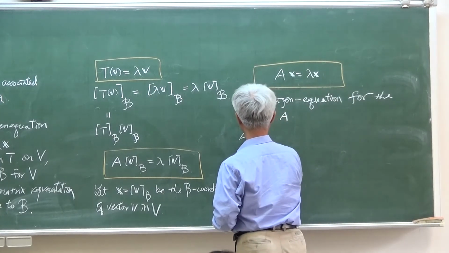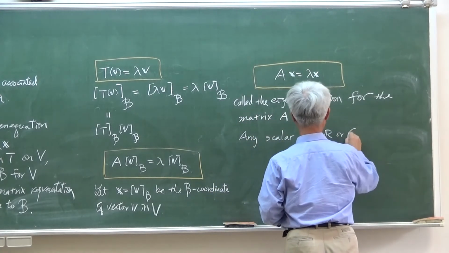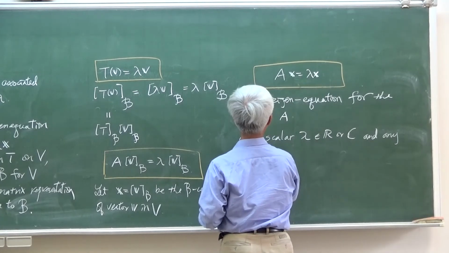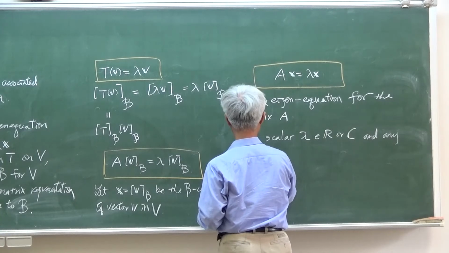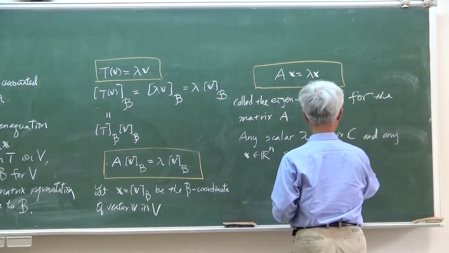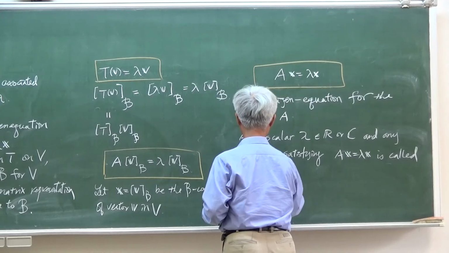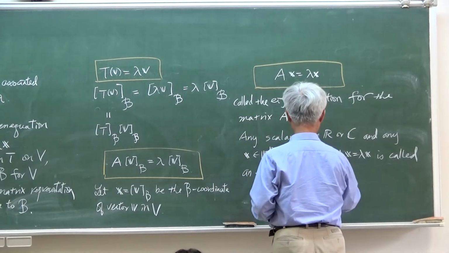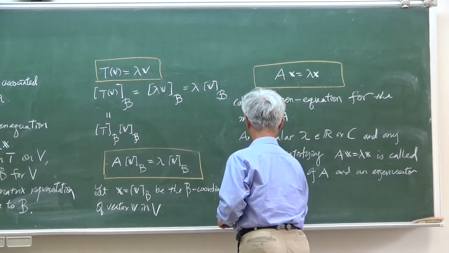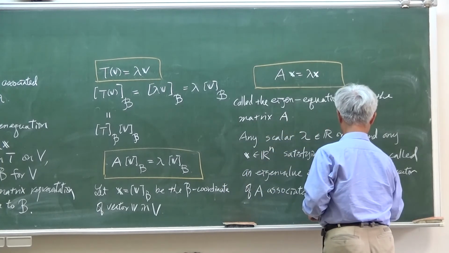For any scalar λ and any nonzero x satisfying Ax = λx, λ is called an eigenvalue of A and x an eigenvector of A associated with the eigenvalue.